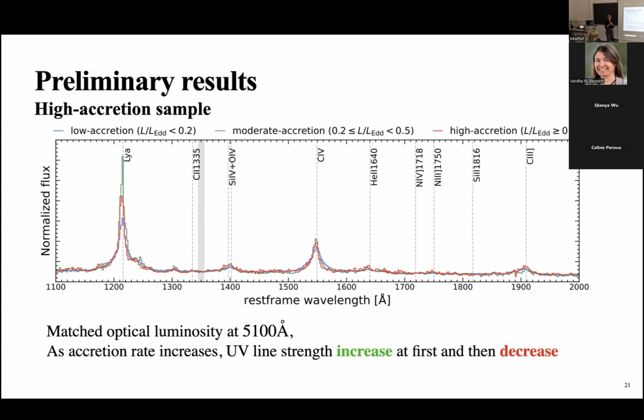So what would you predict the accretion rates are for weak line quasars? Would you call that low, moderate, or high? Things that have 10 angstrom carbon-4 that look nothing like any of those three things you're showing. This is probably in the higher accretion rate quasar part, because I assume the disk geometry changes, so they don't have enough ionizing photons to ionize the carbon-4, which leads to the weaker line.